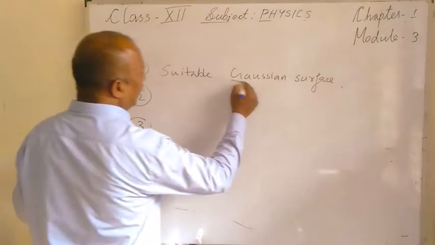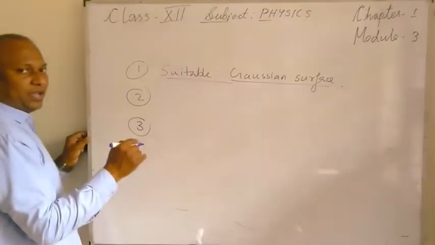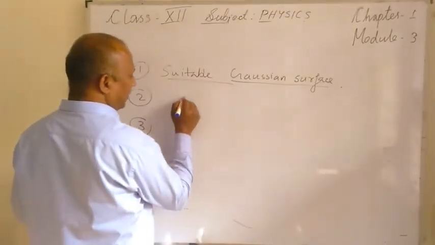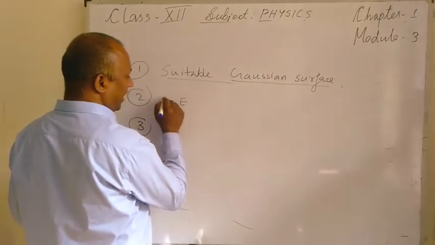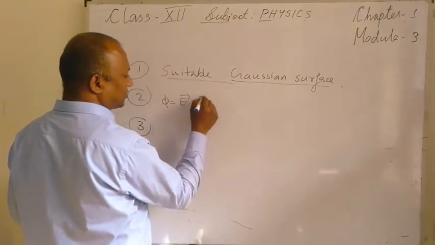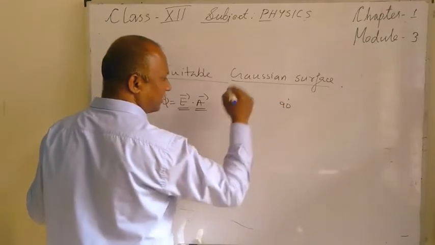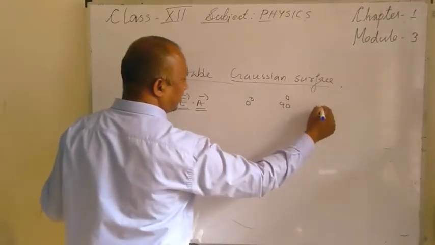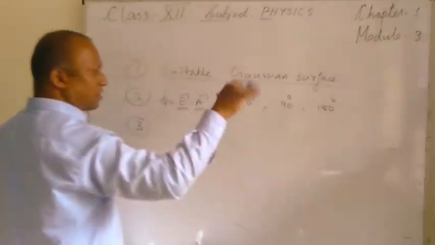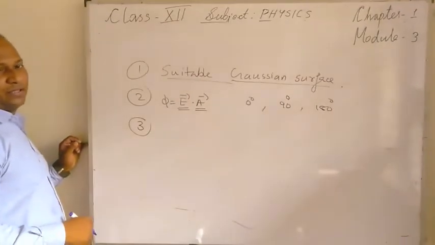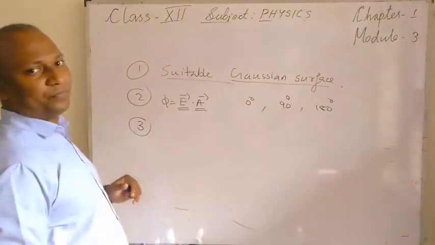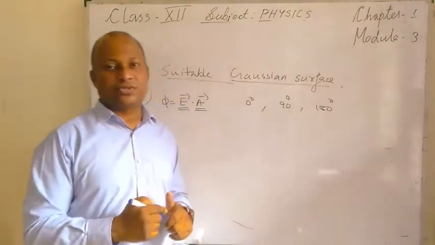And on the Gaussian surface, flux is equal to E dot A, so the angle between E and A must be either 0, 90 or 180 degrees, because these angles are very common to us. So we can easily find out the exact values.